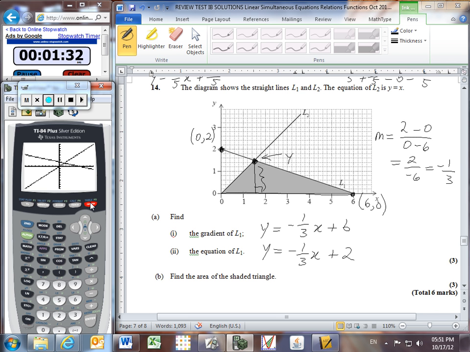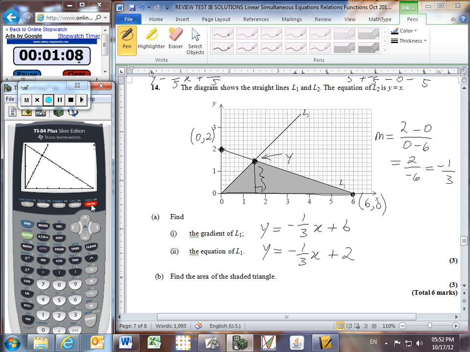And there's my second one. You can see the little triangle in here. Now I guess I could adjust my window so that it ends up looking more like what we've got here, going from, say, 0 out to 6, and my y values go from, say, 0 out to 2. And if I regraph, we'll end up getting something that looks a lot more like my diagram.